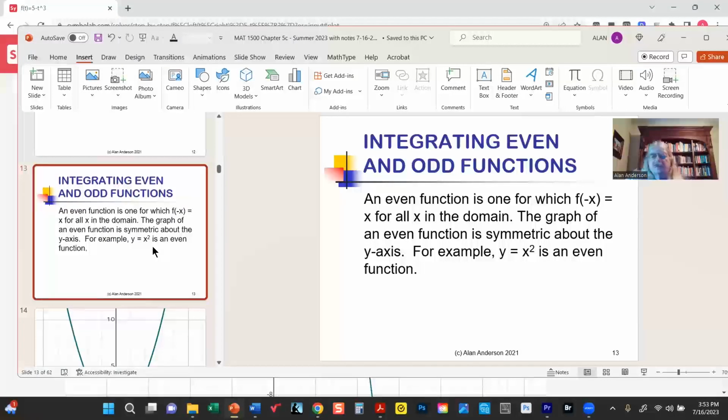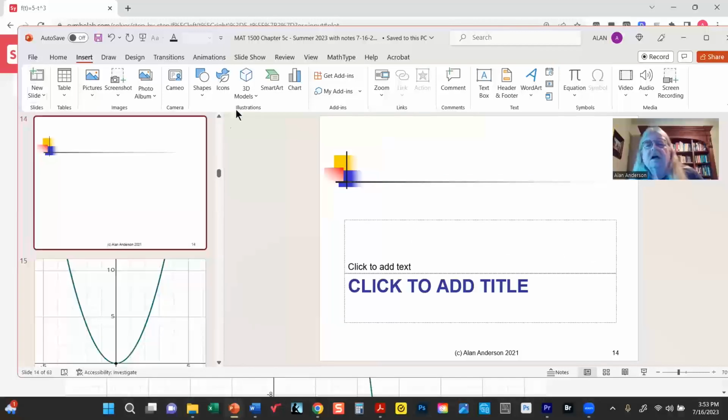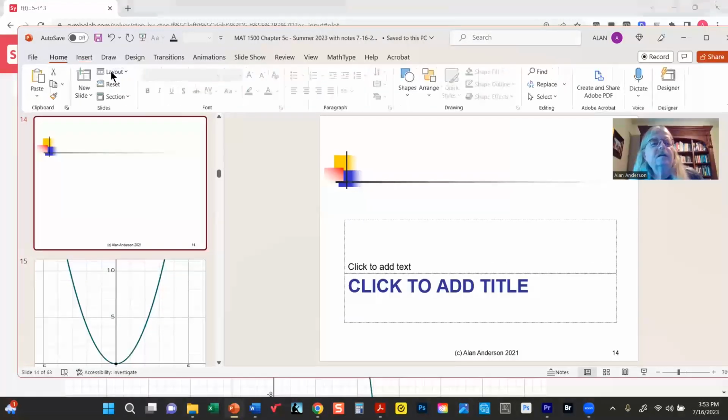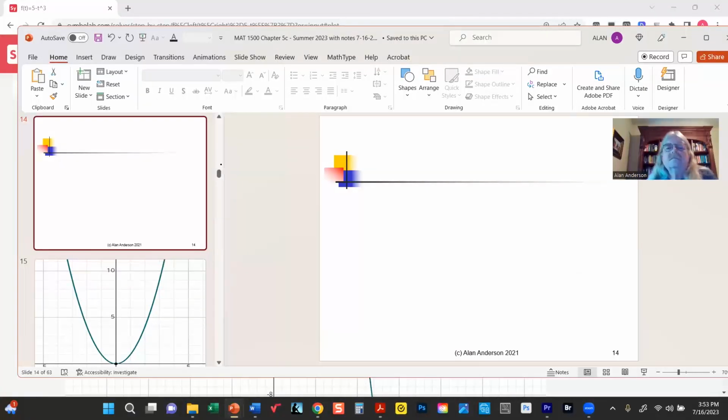Okay, now here's an interesting discussion. There actually are two types of functions that we may encounter. We have what are called even functions and odd functions. So what's the difference between the two? Well, an even function means f of negative x equals f of x.